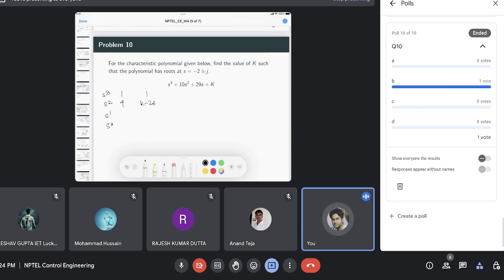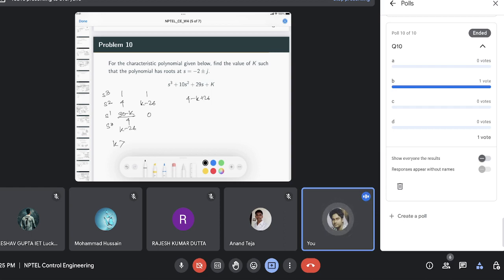So you have 4 minus k plus 26, so it is 30 minus k, 30 minus k by 4, 0, and this is k minus 26.